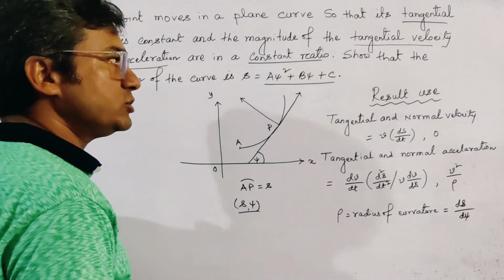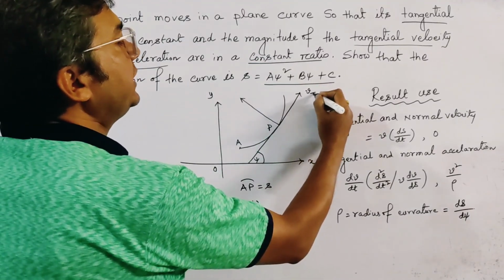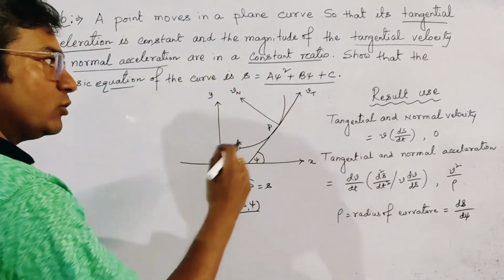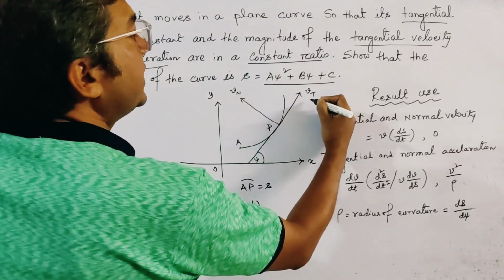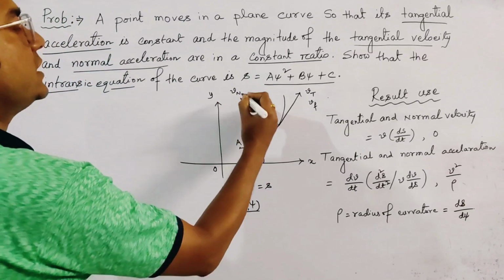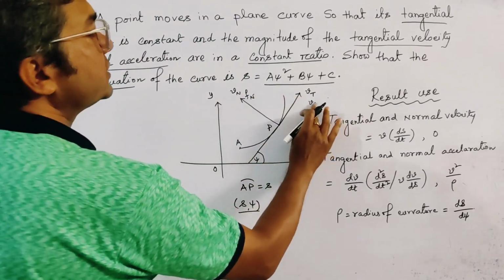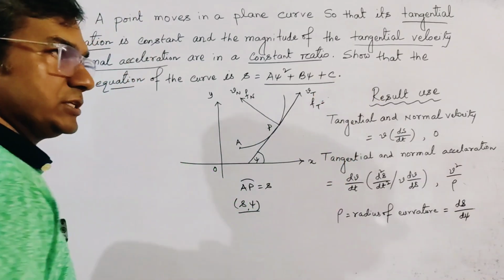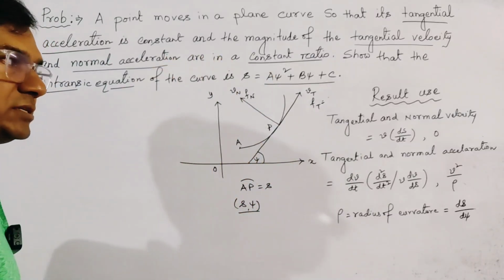Tangential velocity acts along the tangent and is denoted by Vt, and normal velocity is Vn along the normal. Tangential acceleration is denoted by Ft, and normal acceleration is given by Fn. F is denoted by acceleration.